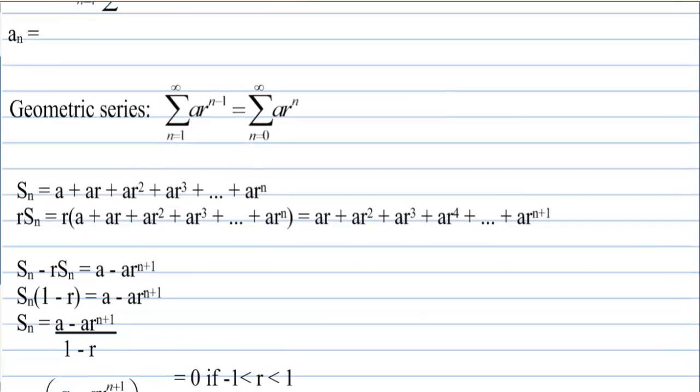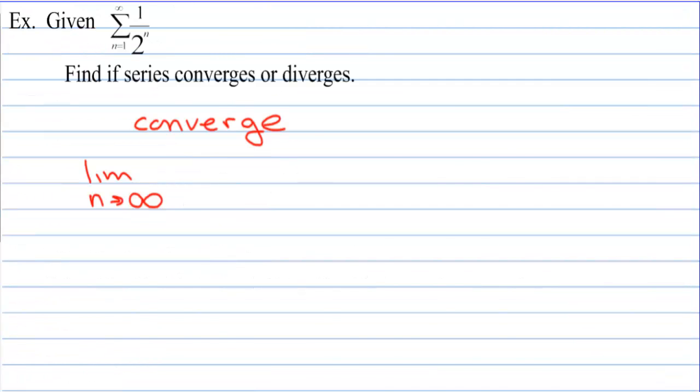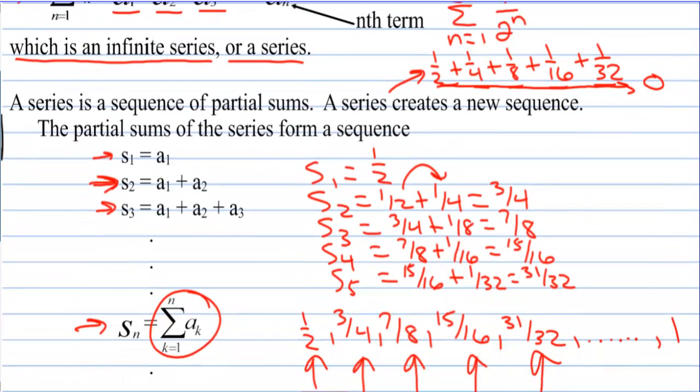Given this series, find if the series converges or diverges. Well, we know that it does converge, but what is the sum? Let's take the limit as n approaches infinity. Can we find a formula for the sequence of partial sums? Back to the beginning.